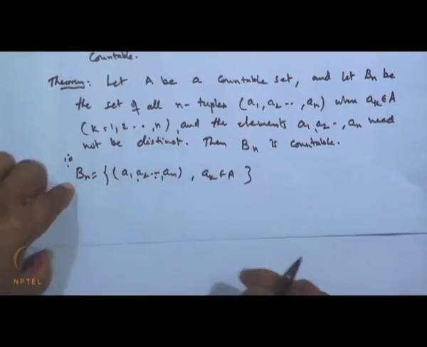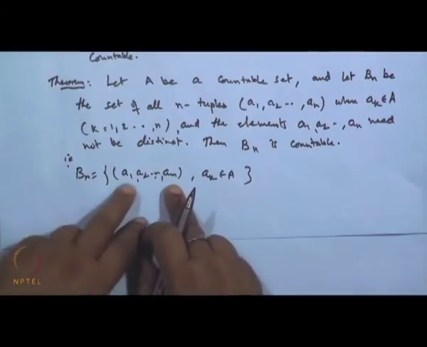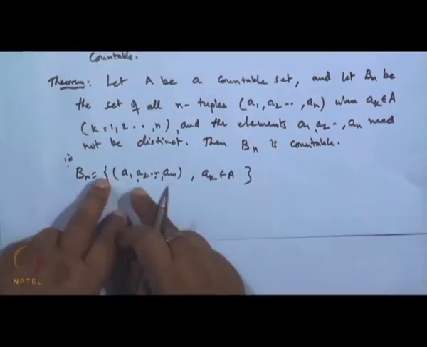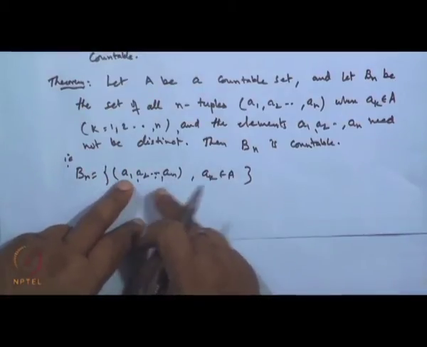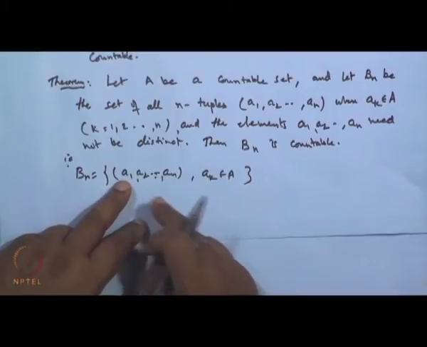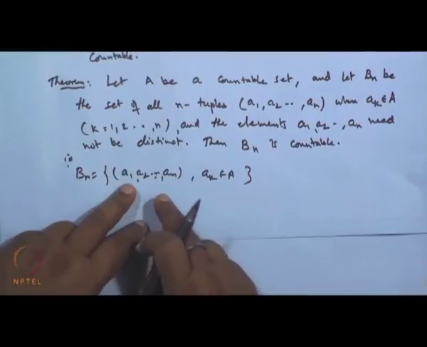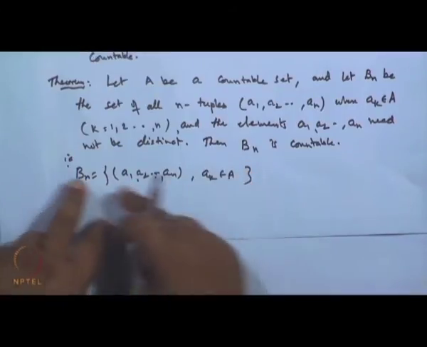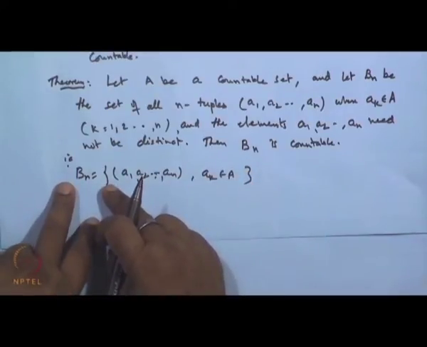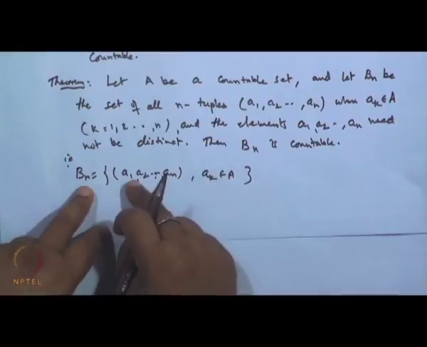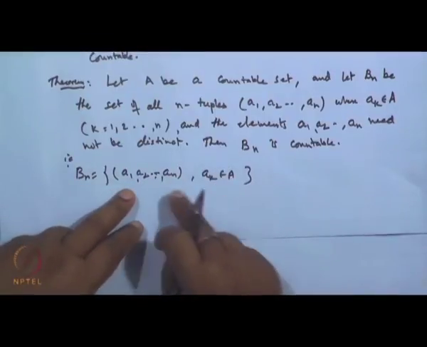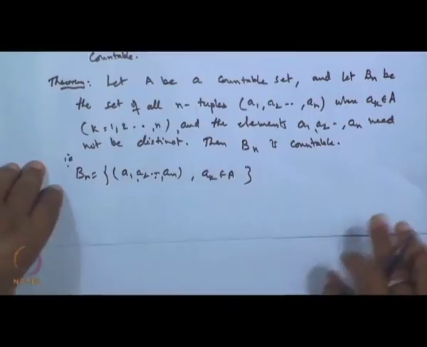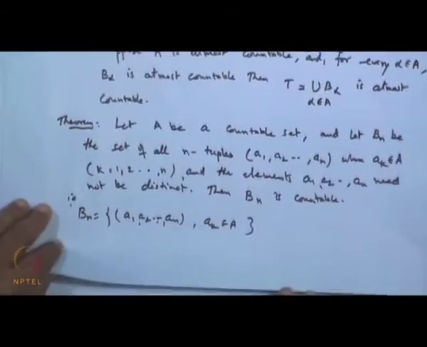That is what it says. In particular, when you take n equal to 2, the set of all ordered pairs where A1, A2 belong to a countable set becomes countable, and this leads to the proof for the rational numbers to be countable. So, let us see the proof of this first.